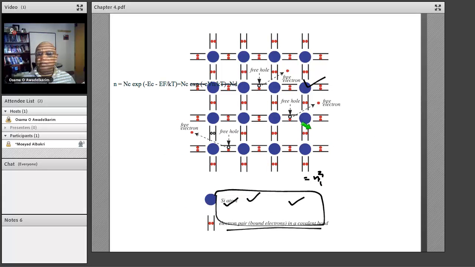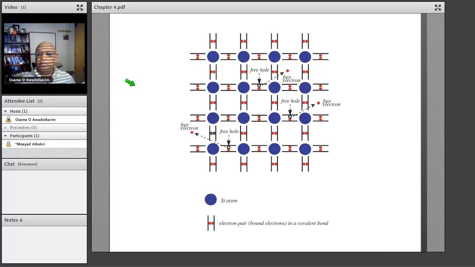So I'm going to clean this up a little bit. And here is the silicon network. I told you that in the network you have bonds, okay? So you have a silicon atom, and then you have covalent bonds to the 4 nearest neighbors. Each silicon atom contributes an electron, and then you complete the valence bonds.